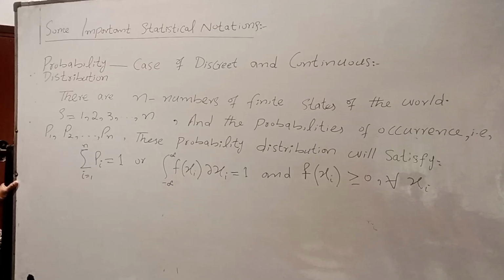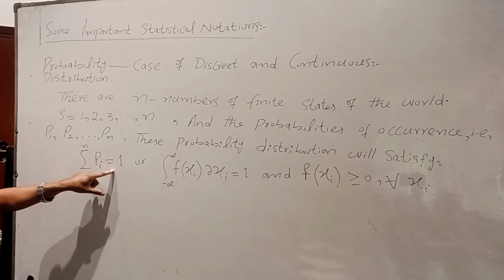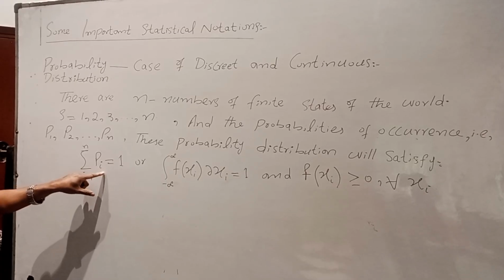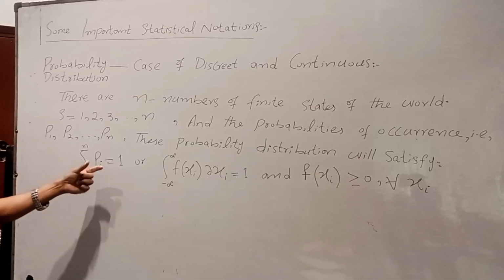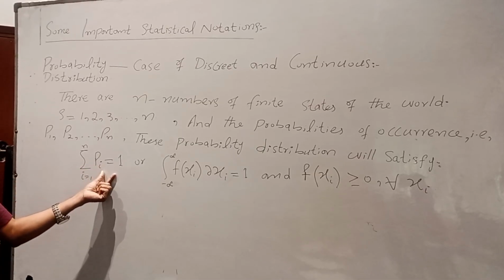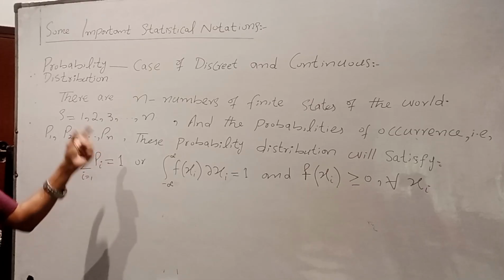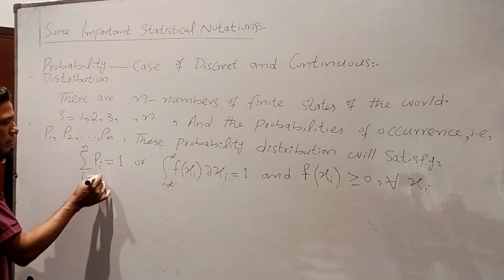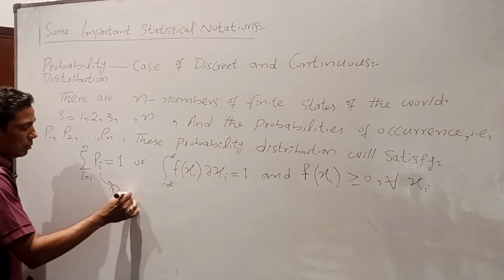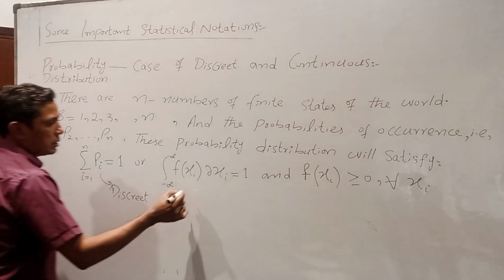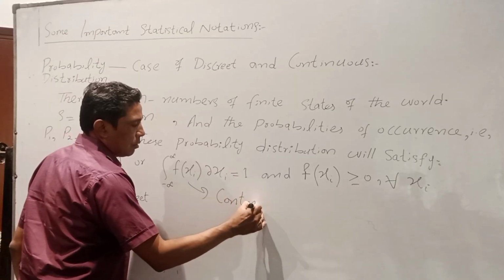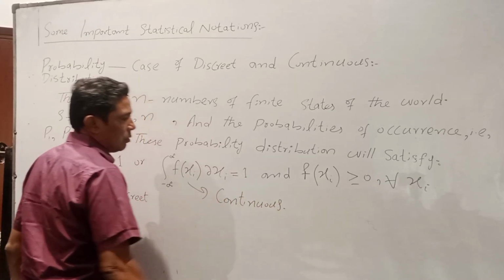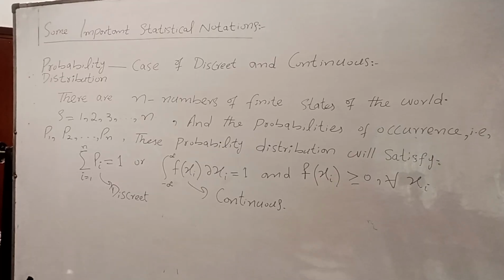So in case of discrete, the sum of all probabilities of all the lotteries will be equal to 1. Their aggregation or summation will be equal to 1. So that is the case of discrete, and this is the case of continuous. Okay, and what about this one?